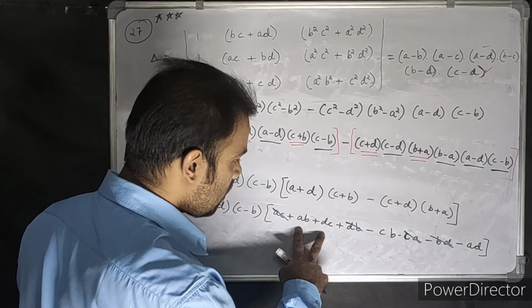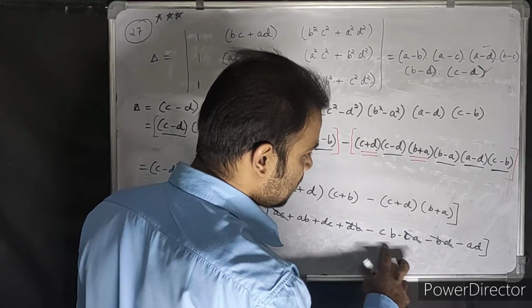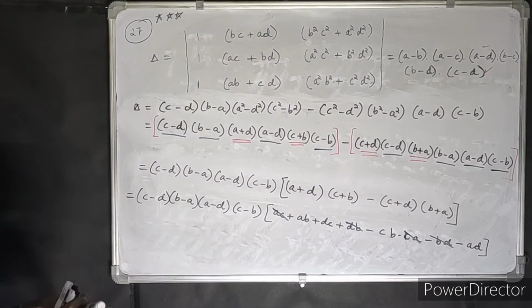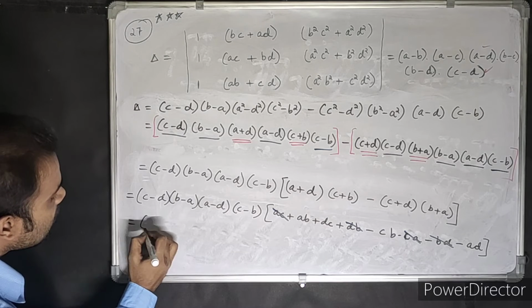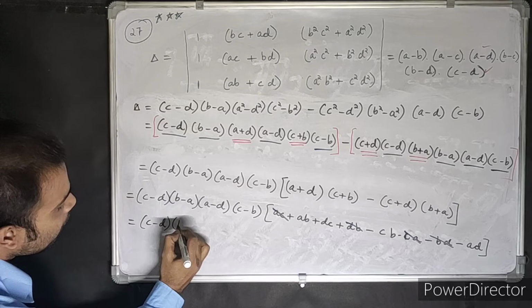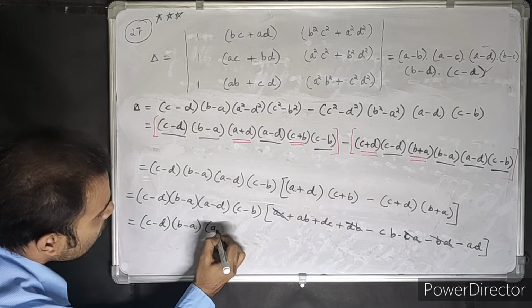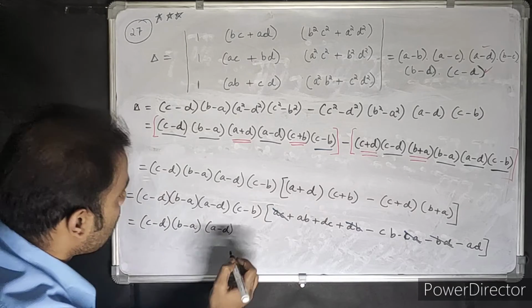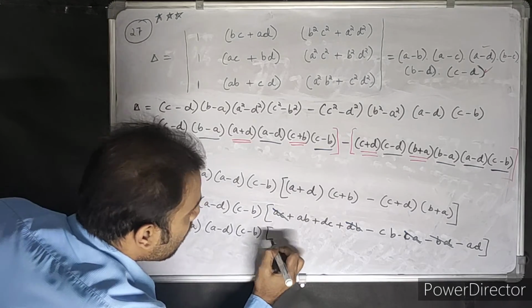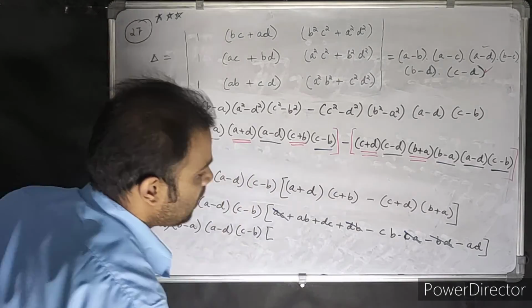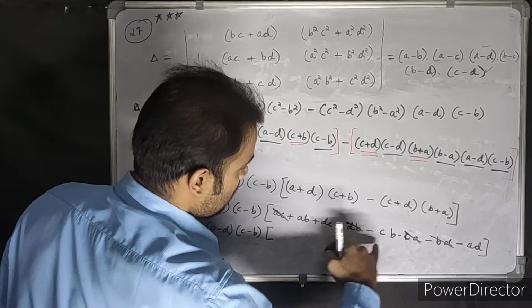Then we are left with two terms here, ABDC and CBAD. So finally from here the next step is C minus D, B minus A, A minus D, C minus B. It's almost time. Okay, now from here just take these two.